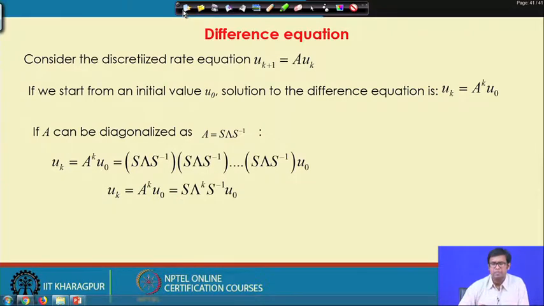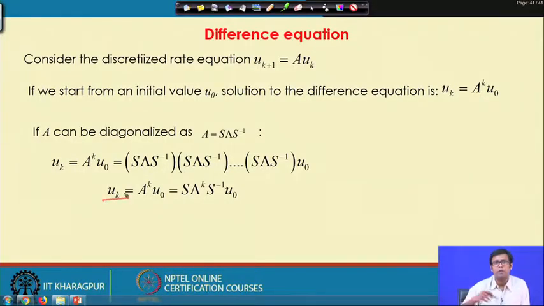This is extremely important, because we started with some value of u 0, and if lambda is a large number, k goes to infinity, k is 1000, and lambda has a norm more than 1, then lambda to the power k will be a very large number, and u k will be actually infinitely large. Or if lambda has a norm less than 1, lambda to the power k will be a smaller number, and u k will asymptotically approach 0.